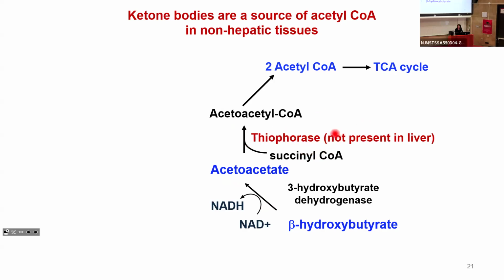Okay, that makes sense because the liver is making these, so we don't want to just utilize something that you're trying to produce for the rest of the body. And so that will convert it into the acetyl-CoA, which then can go into the TCA cycle. So this is the reverse pathway where ketone bodies are now a source of acetyl-CoA in non-hepatic tissues.